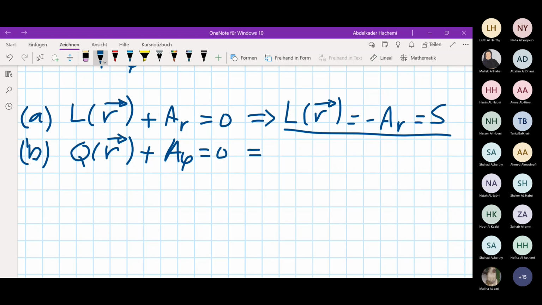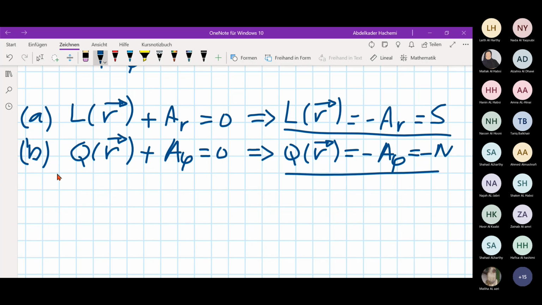Then we get QR is only minus A phi, and A phi is only N. This is the second one.